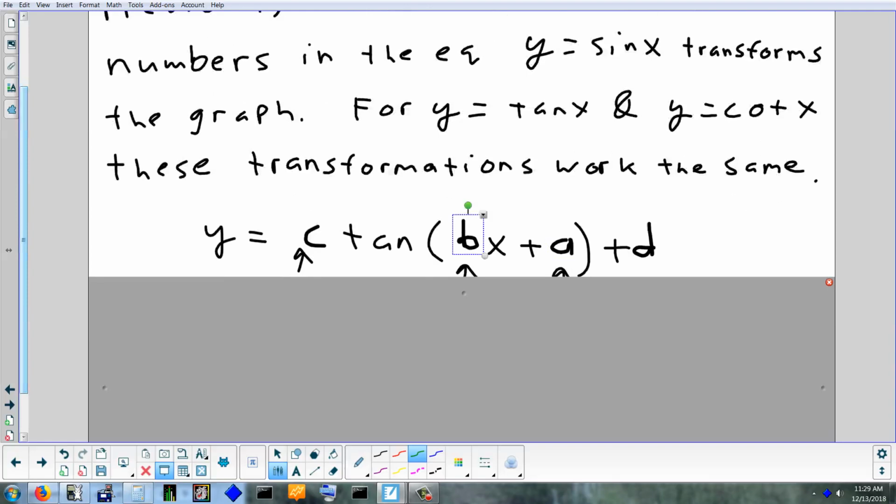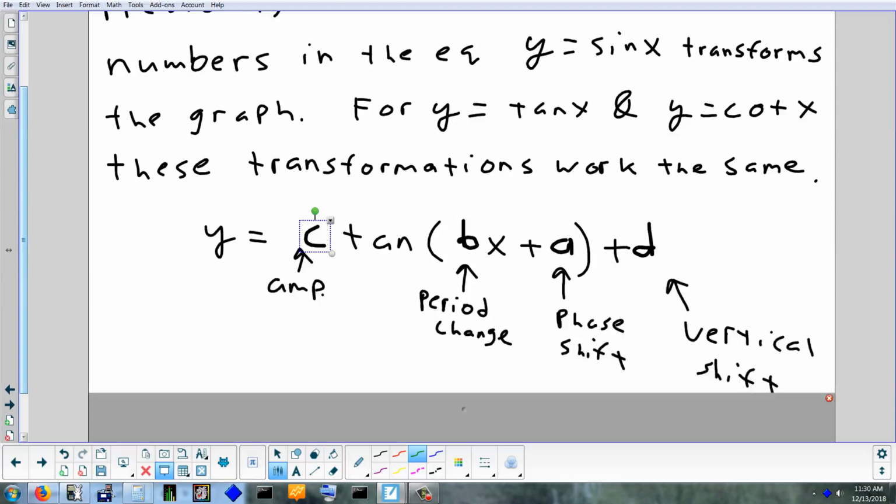What would that do to my graph of tangent? Emily? Horizontal stretch. Bigger numbers compress it, small numbers stretch it. How about C? Yep, it's a vertical stretch. Bigger numbers make it bigger, smaller numbers make it smaller. And D is a vertical shift. Positive is up, negative is down.